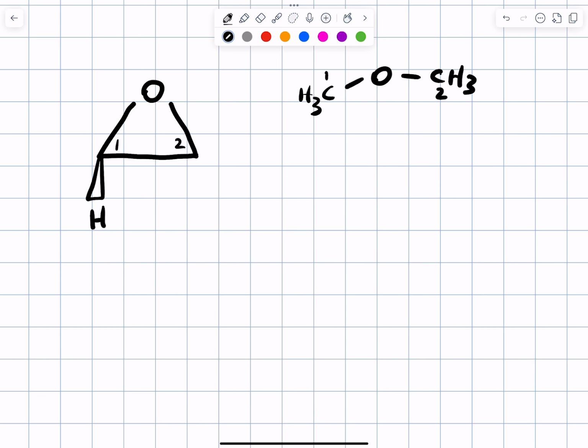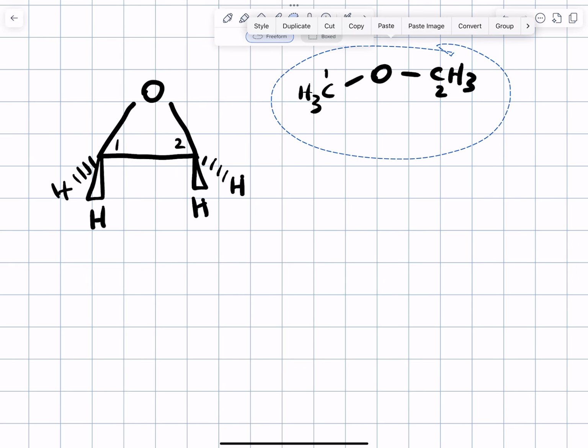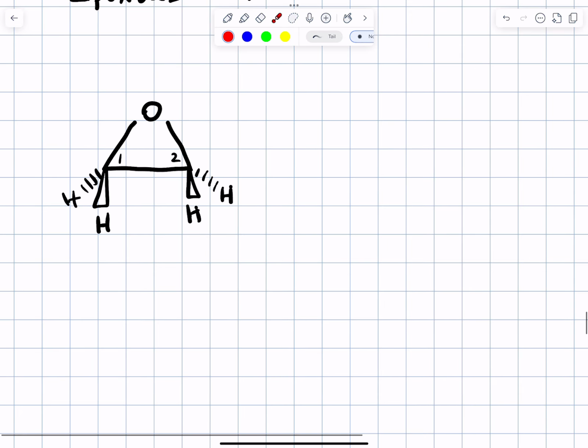There are a couple of different ways you could choose to draw an epoxide. This is one of them, where the bonds of the 3-membered ring are all in the plane of the page, and then the CH bonds are dashes and wedges that are angled down towards the bottom of the page.